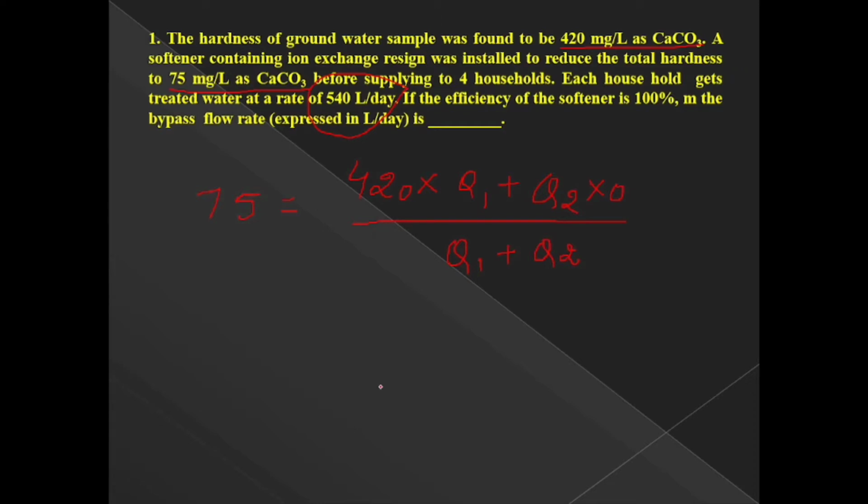Now, let's assume the situation like this. This is our tank. In this tank, the inflow from here is 0 milligram per liter, and from here it is 420 milligram per liter.